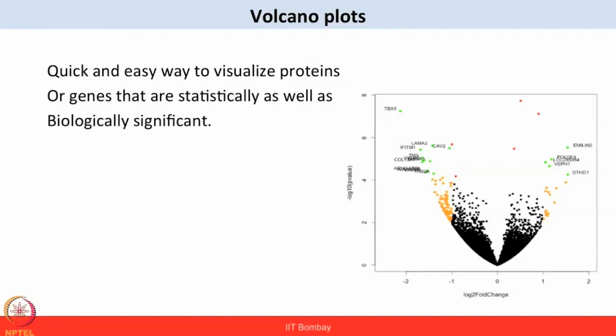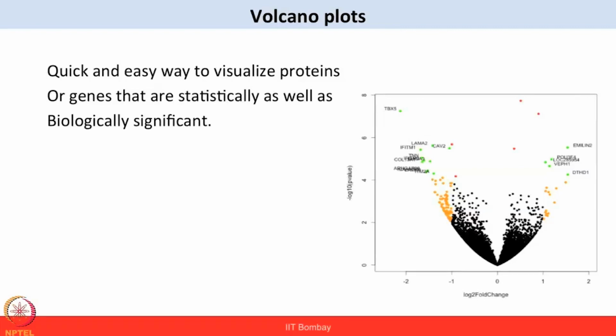This ratio of disease samples to control samples is called the fold change in terms of expression values. So, if we plot the log2 of fold change and the negative logarithm of the p values, we can know which points are statistically significant in terms of p values, and also significant in terms of fold change.